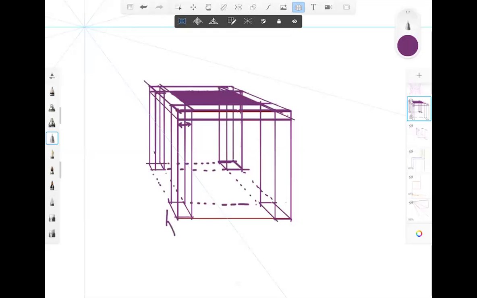We know that this needs to be wider than this, and that this here needs to be wider than that. And so that means that this space down here should correlate with the seat up there.